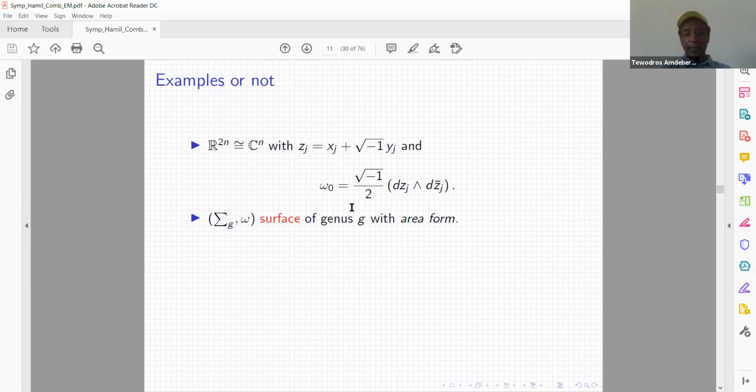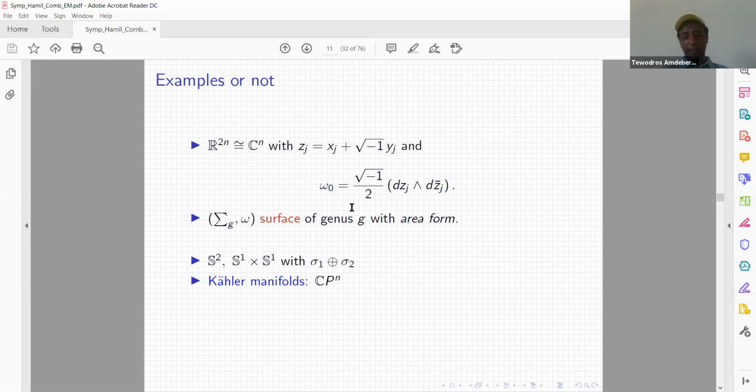And any surface of any genus with area form is a symplectic manifold. S2, the two-dimensional sphere, and sums of area forms are also symplectic manifolds.